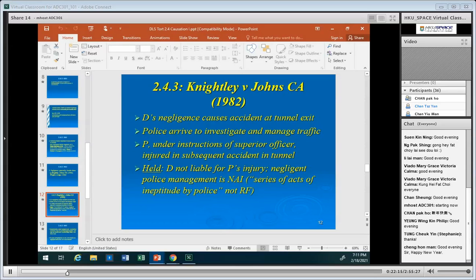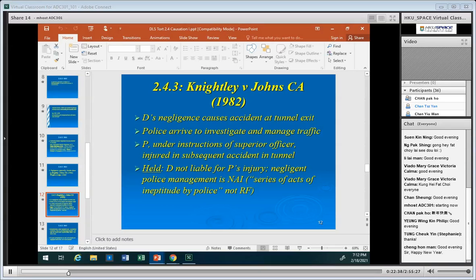Also, Wright and Lodge is a good case. You remember here, Knightley and Johns on page 65, Wright and Lodge on 66. Similar sort of situation in which the second cause was not reasonably foreseeable. You have, again, a car breaking down on an unlit highway.